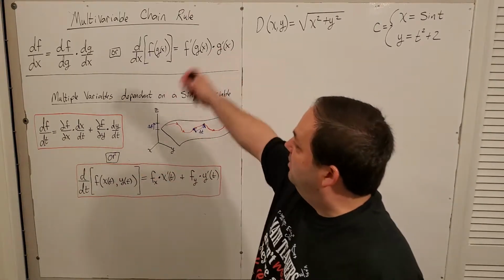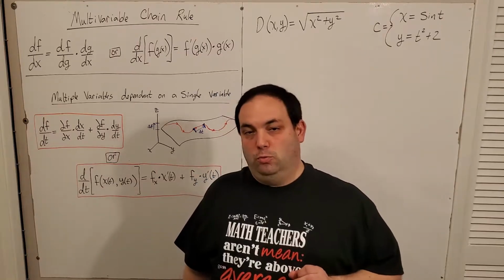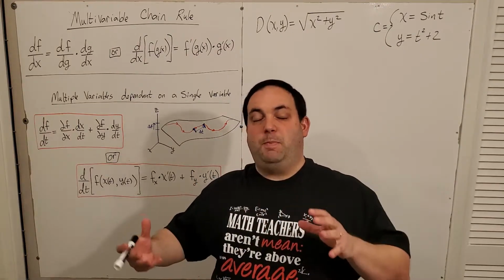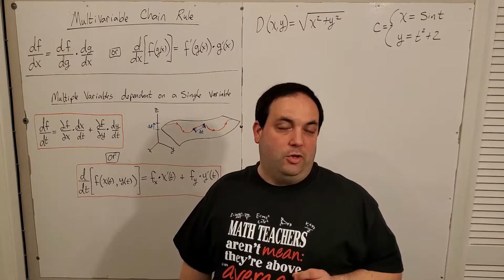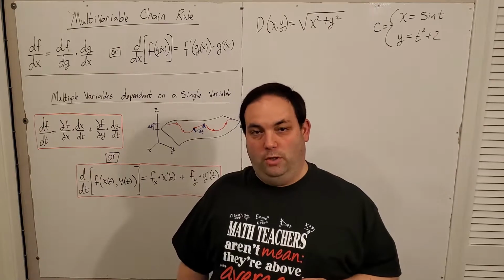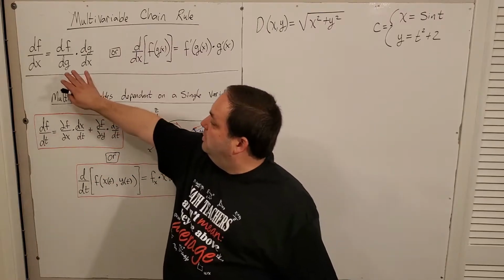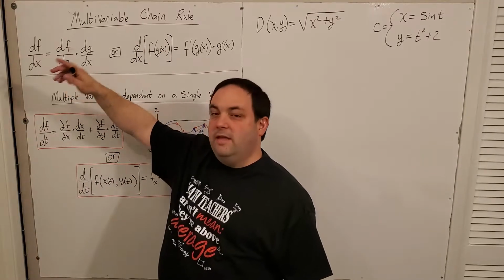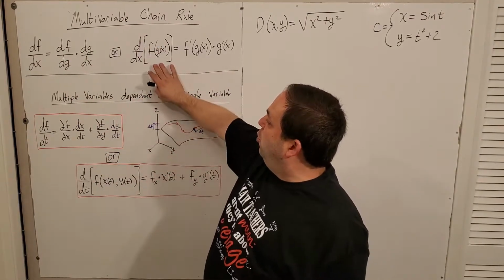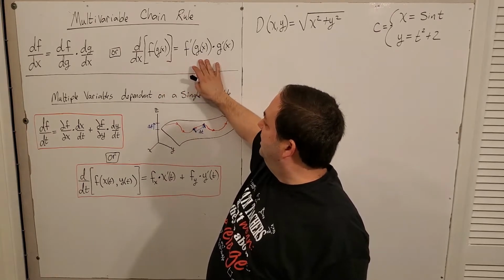The multivariate chain rule is just an expansion of the chain rule that you talked about in Calculus 1, right? The chain rule from Calculus 1 you probably saw in this format, and then later on you worked with it in a format like this.